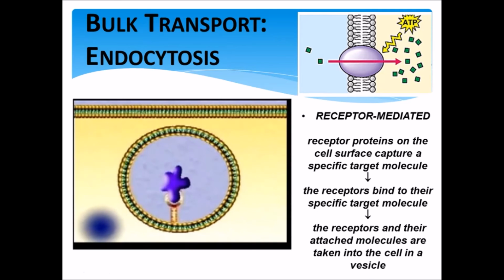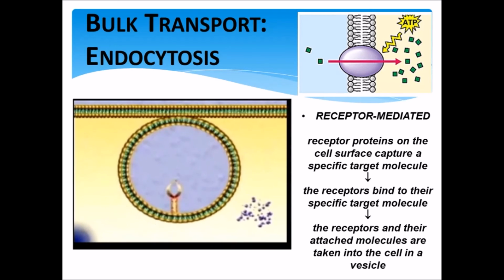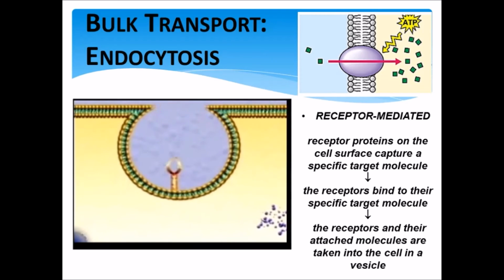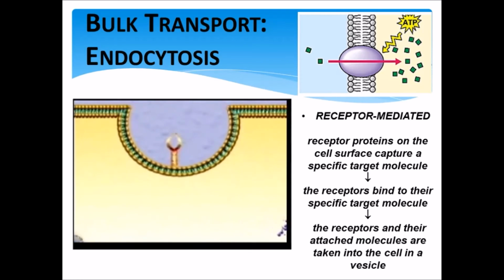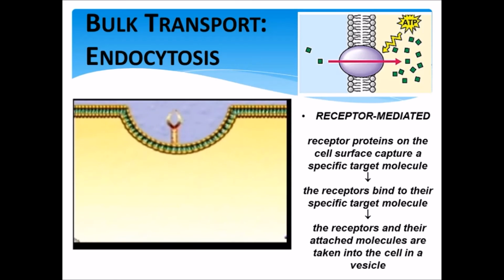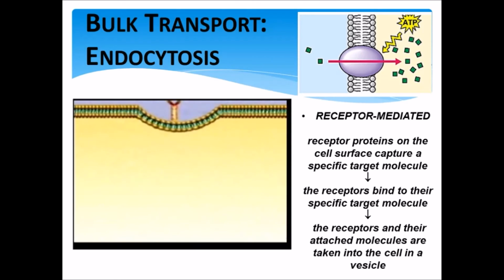Then a lysosome joins the vesicle and the digestive enzymes break down the substance, releasing it from the receptors. The substance diffuses into the cytoplasm, the lysosome reforms, and the vesicle, with now empty receptors, becomes part of the plasma membrane again. This allows the cell to reuse or recycle the receptors.